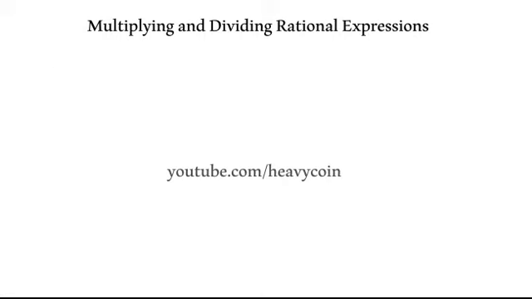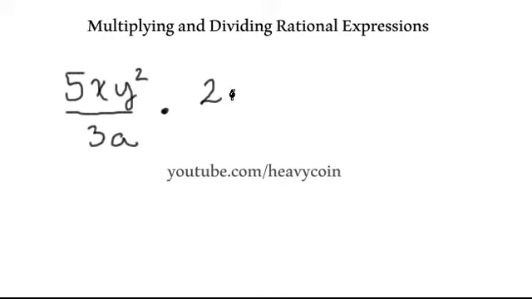Okay, let's start with 5x times y squared, and that's going to be all over 3a, times, now this is the multiplication, I'm going to use a dot for multiplication, 2x cubed y, over 7a to the fourth and b.